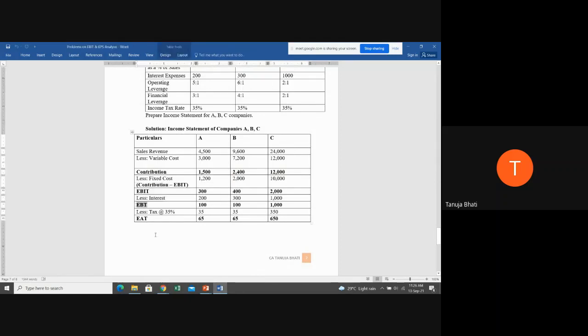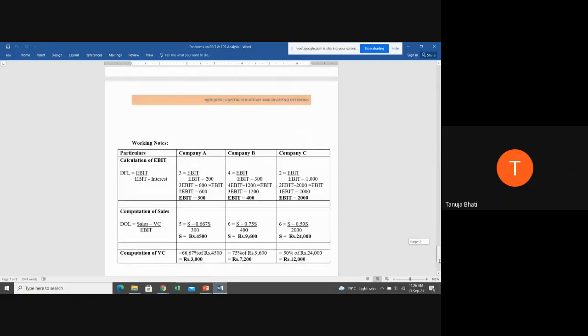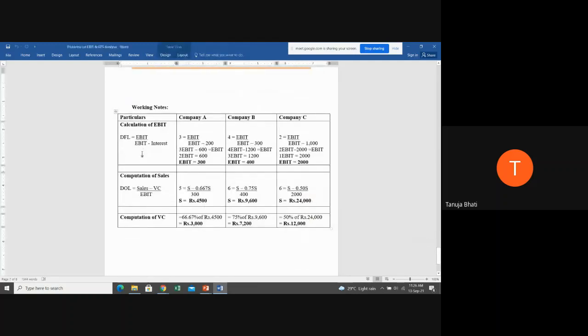Ignore these answers, just pay attention to what is written here. How do you arrive at EBT, earnings before tax? From EBIT, when you minus interest, you get EBT, correct? The formula for financial leverage is EBIT divided by EBT. So what we are going to do here is, see students, pay attention here.